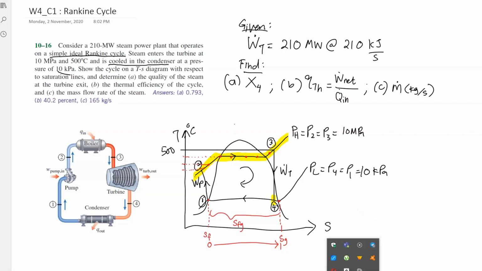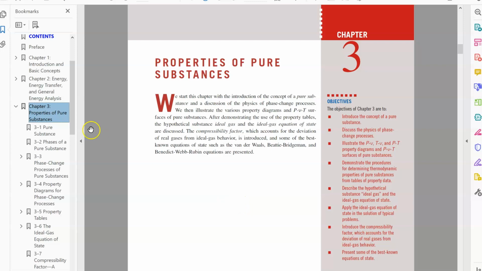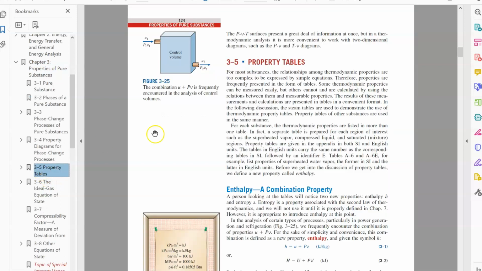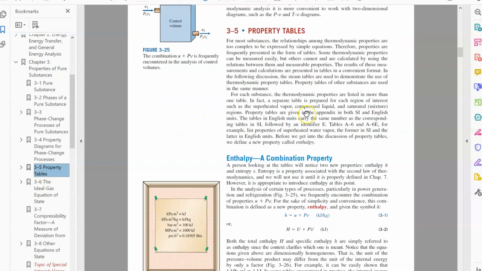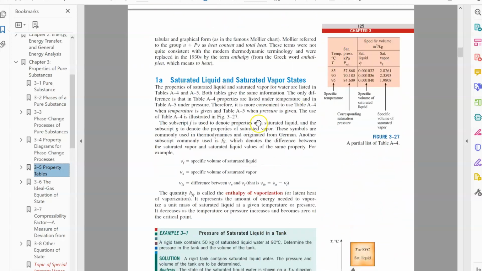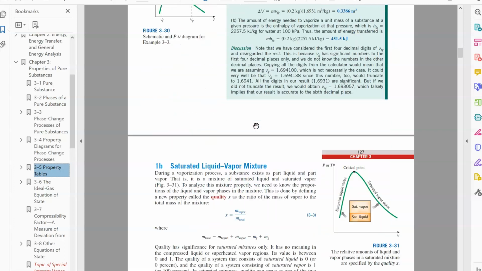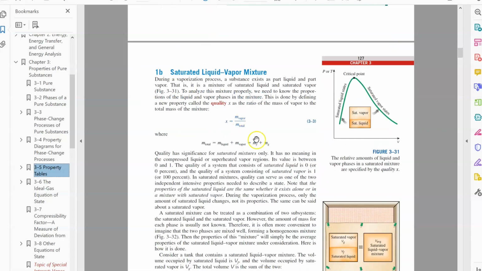If you open up your textbook, you will see that the x value has been explained in chapter 3. You go down here to 3-5 about property tables. You can read through all the explanations on how you are going to get the x value.